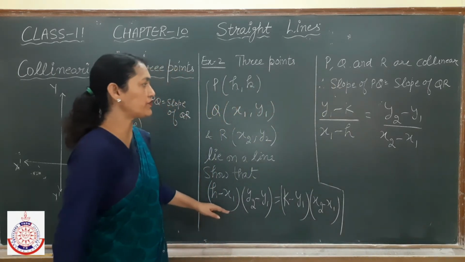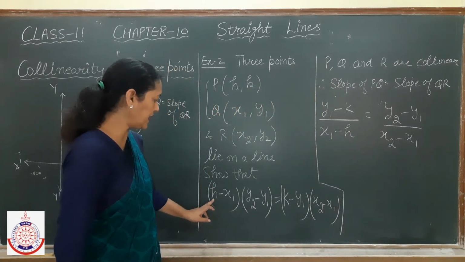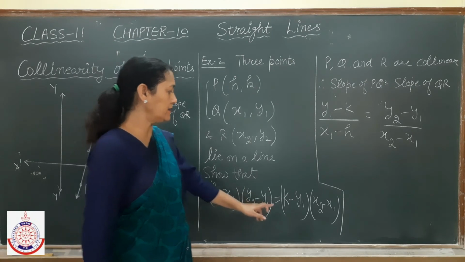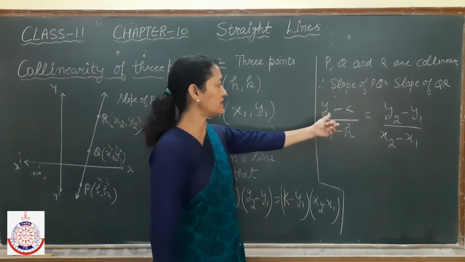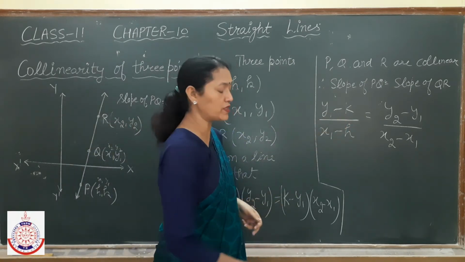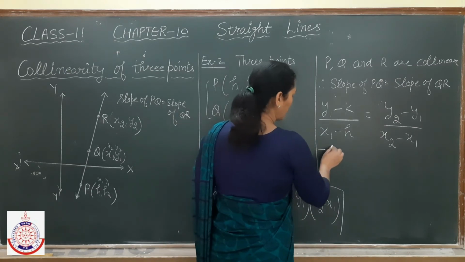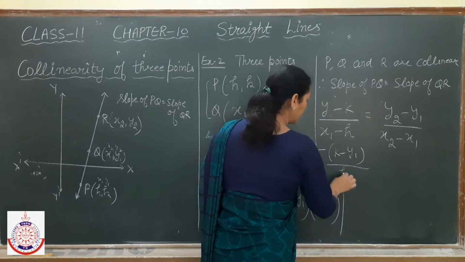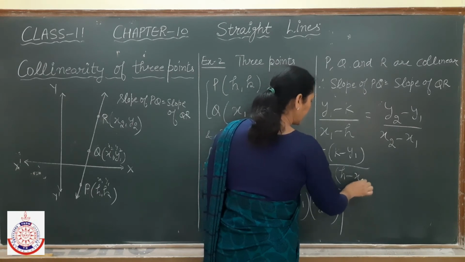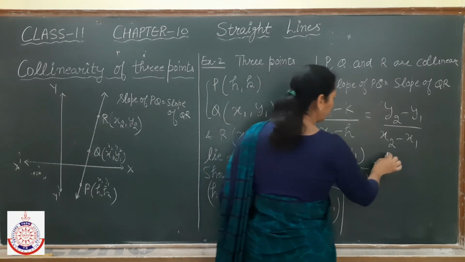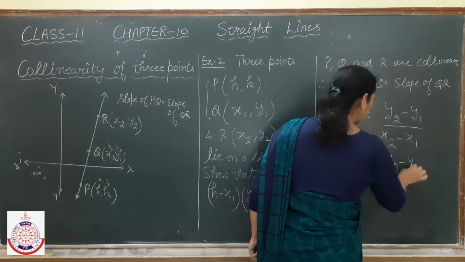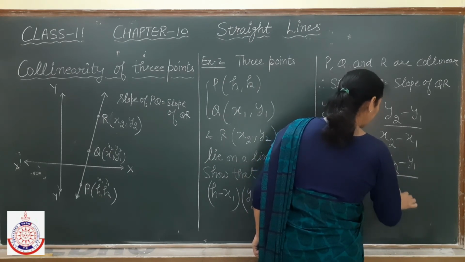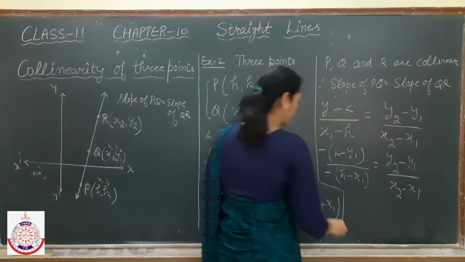Just look at the relation which we have to prove. Here they have taken h minus x1 and k minus y1. That means they have taken minus common from these points. So if we take minus common, we will have k minus y1 upon h minus x1 is equal to y2 minus y1 upon x2 minus x1.